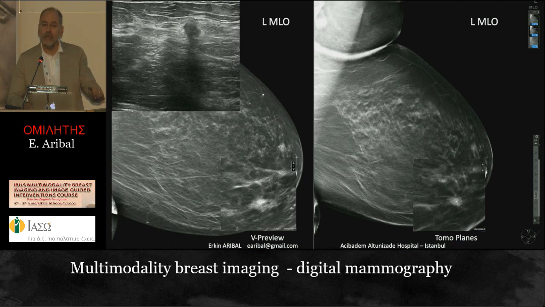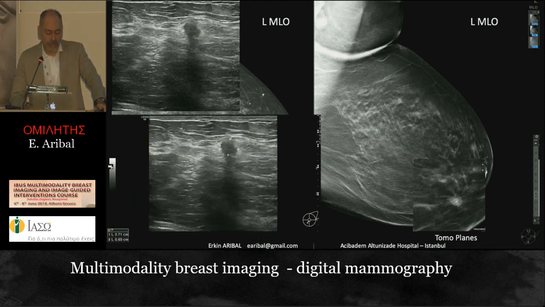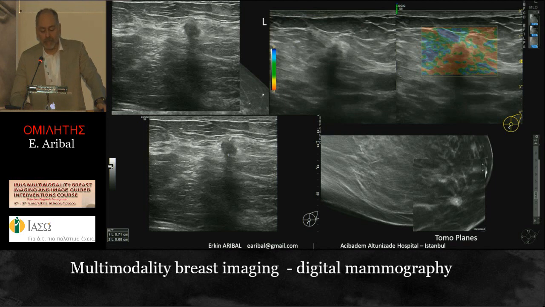So of course, when you see a lesion, you would find it on ultrasound to do the biopsy and to delineate it better, because ultrasound has better resolution and gives more information about these lesions. Here we have the elastogram. In my practice, I use red for the stiffness, and in some practices it's blue, so you would always check here.